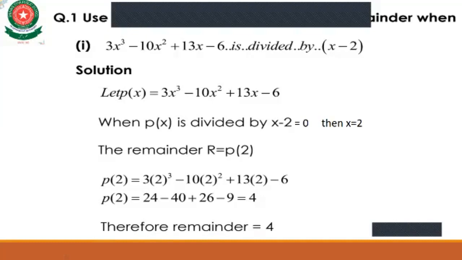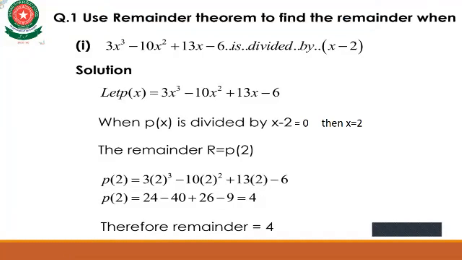We have to find the remainder of this polynomial, that is p of 2. Where there is x, we have to use the value of x.